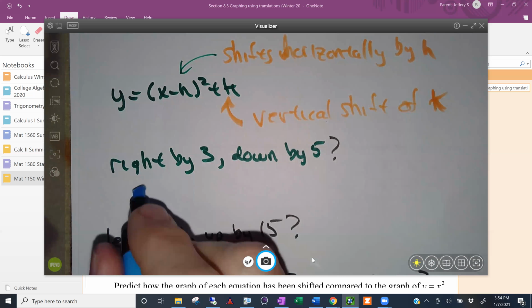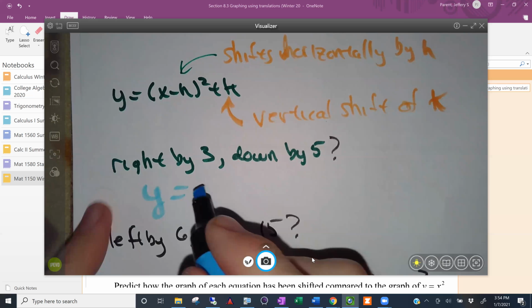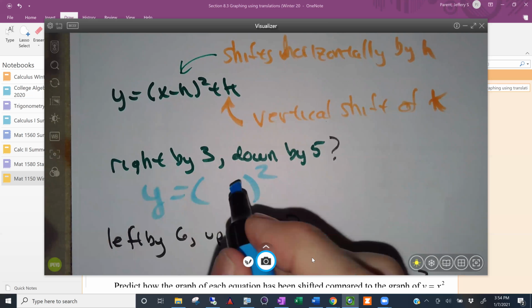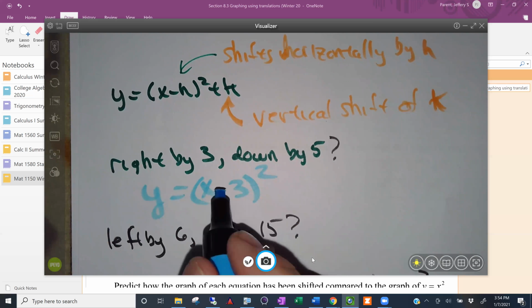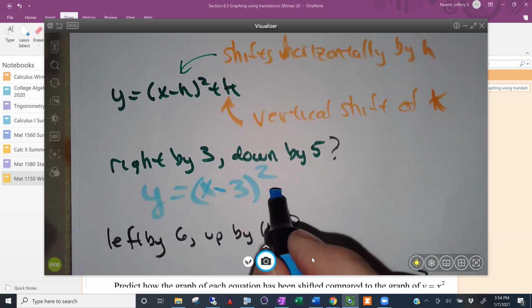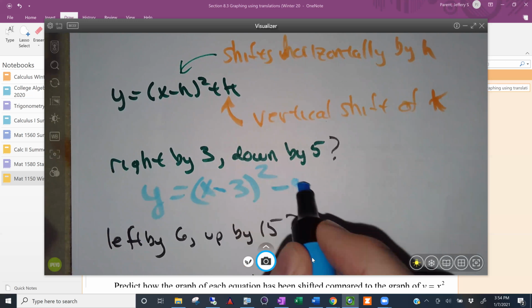It's going to be y equals, now to the right by 3, that's going to be something squared. That 3 has to be in here. Well, what's the sign? Yes, person up front here. All right, good job. -3. And then down by 5 would be -5. Well done.